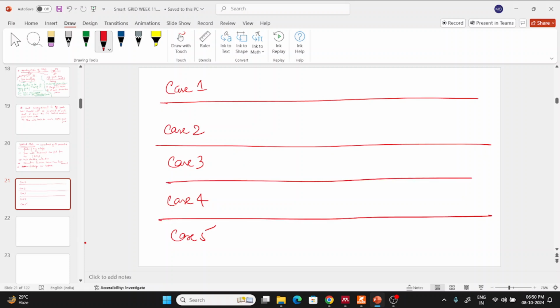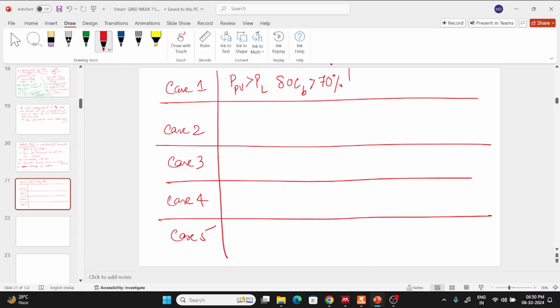which define these cases. For case 1, the PPV, meaning the generation of power from the solar, must be greater than the load, and SOC of the battery should be greater than 70%.